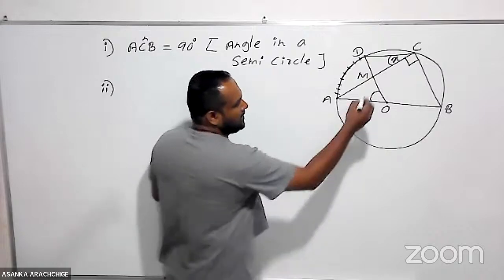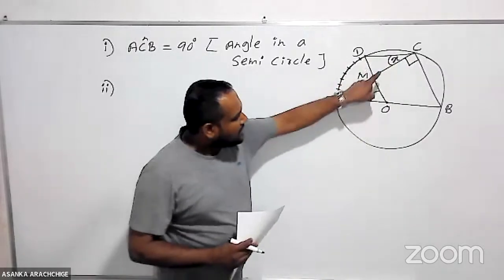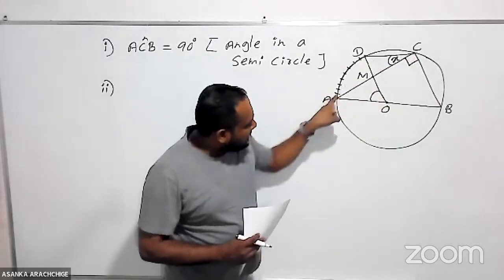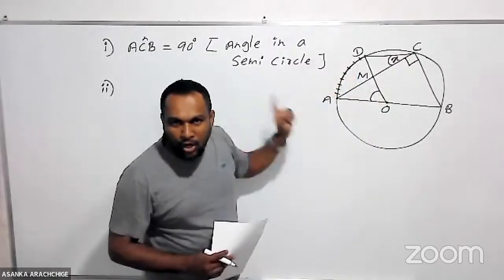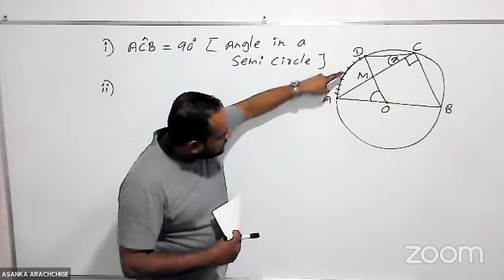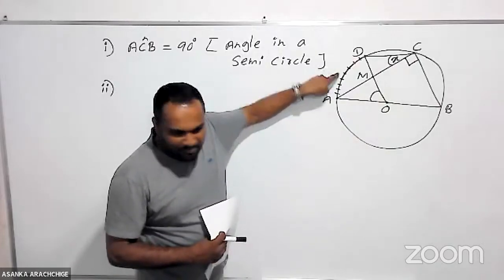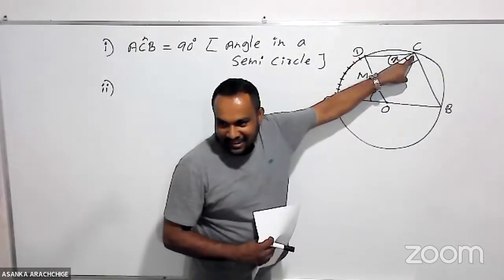So, if this is x, you can see that both this angle ACD and AOD are subtended by the same arc AD. Is that clear? Here at the center and here on the remaining arc.